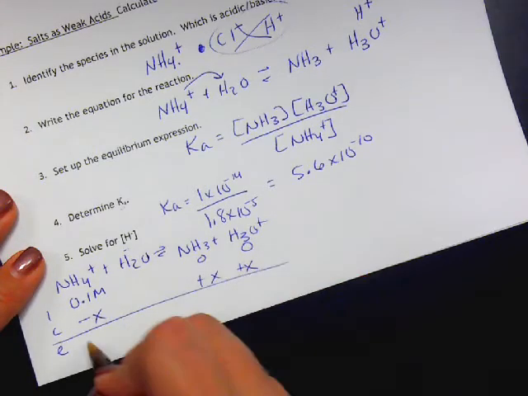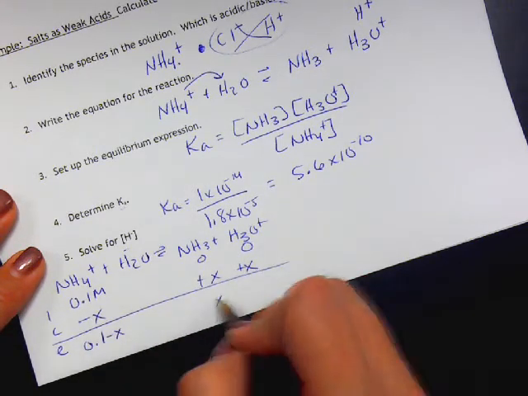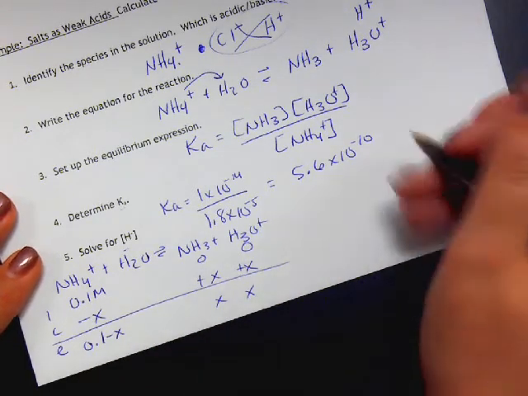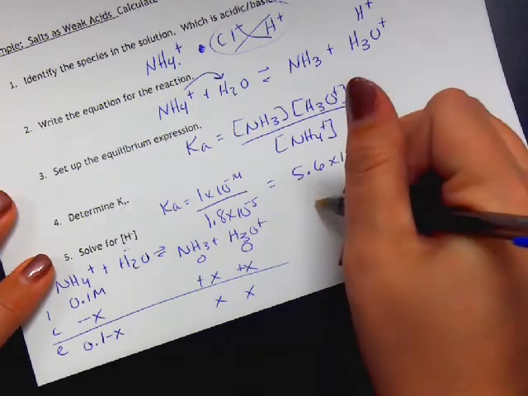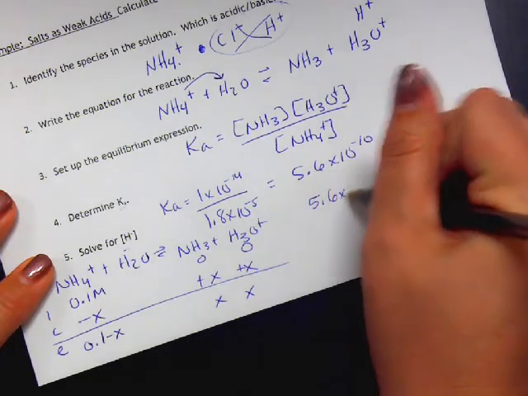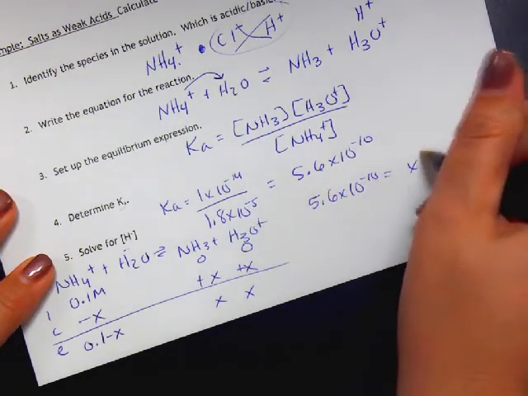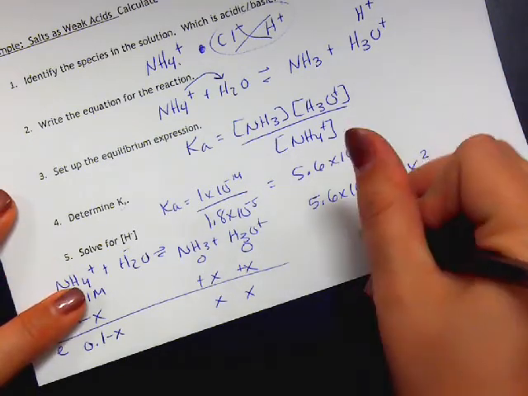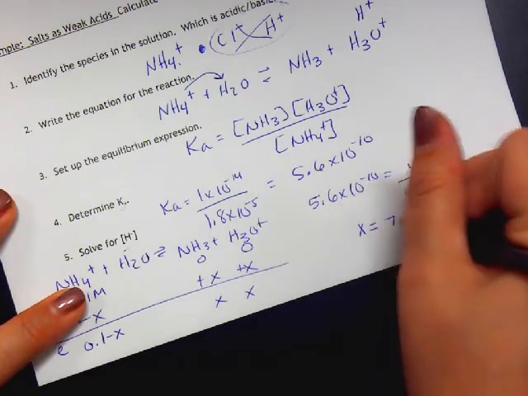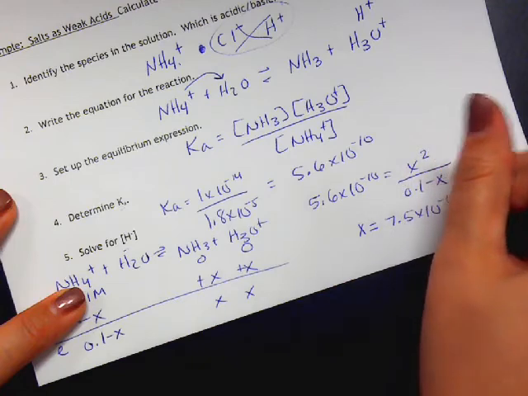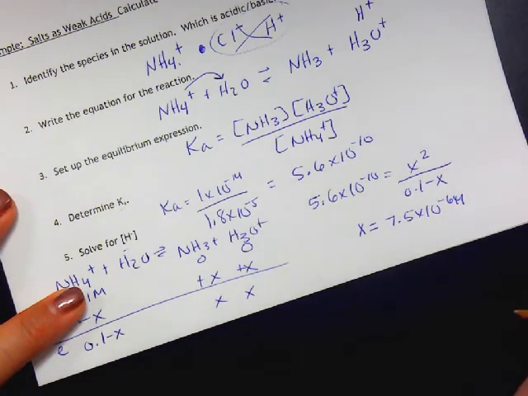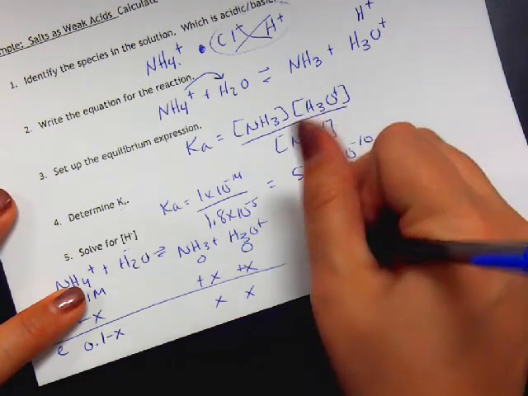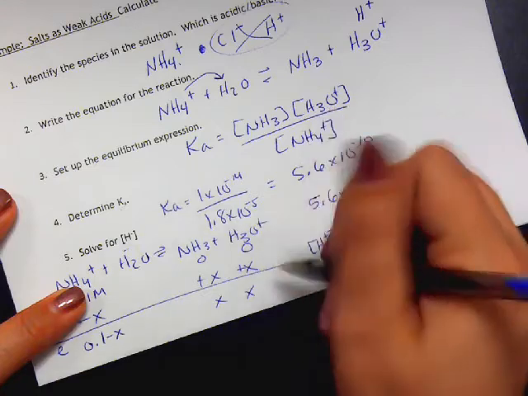So at equilibrium, we have 0.1 minus x, x, and x. We plug into our equilibrium expression. So we have our 5.6 times 10 to the minus 10 equals x squared over 0.1 minus x. Use our solver to solve for x, and we should finally get 7.5 times 10 to the minus 6, which in this case is also our hydrogen ion concentration.